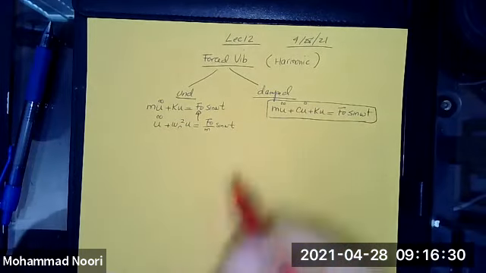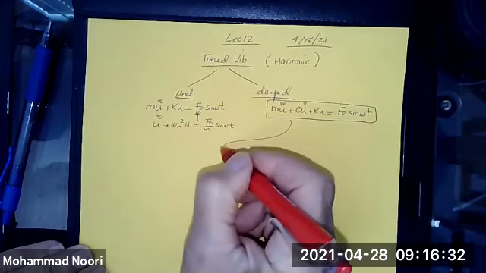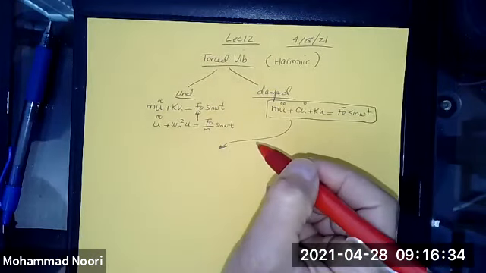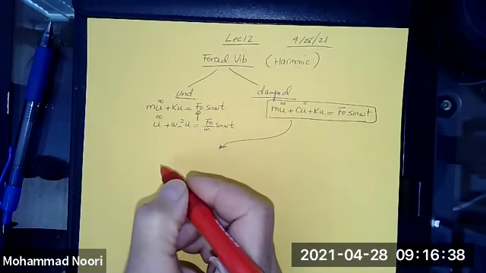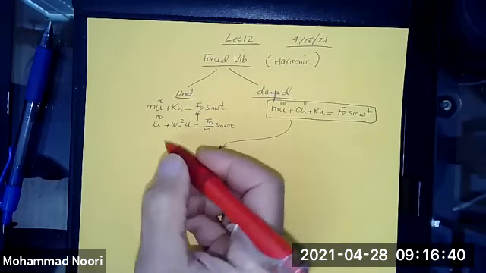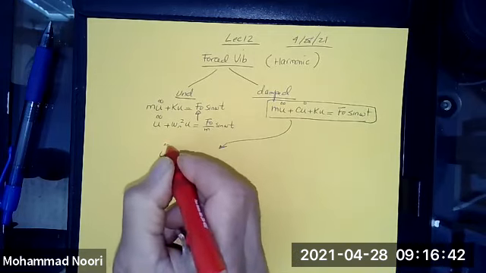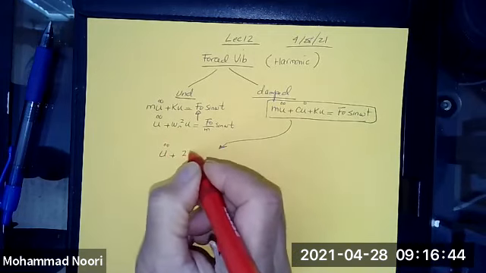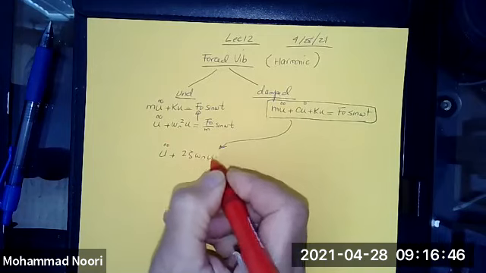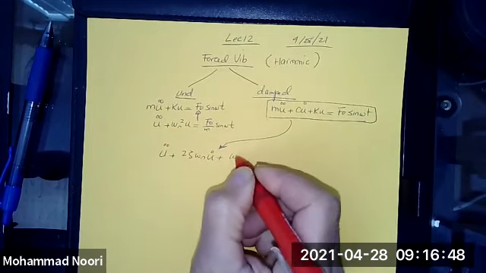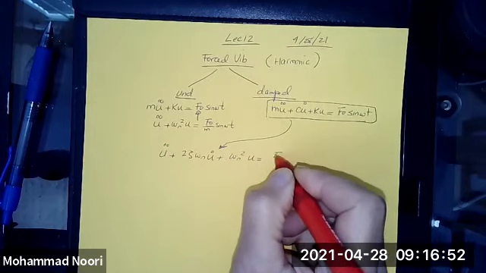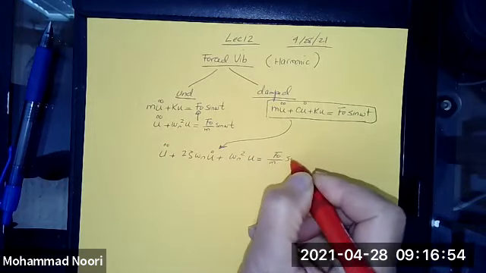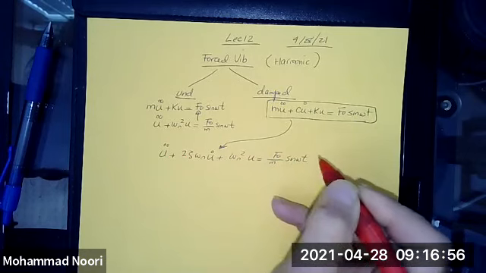So basically, we want to again solve this differential equation. And of course, if you want, you can write that in this form also, which is the alternative form: u double dot plus 2 zeta omega n u dot plus omega n squared u is equal to F naught over m sine omega t.